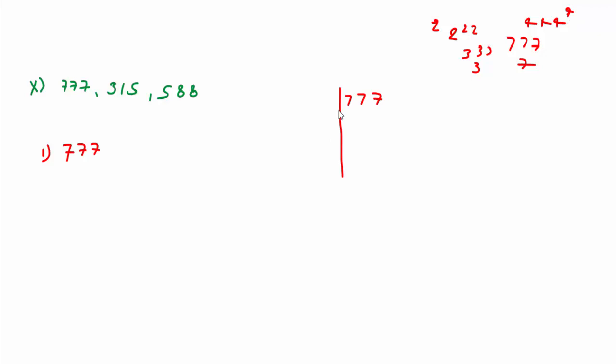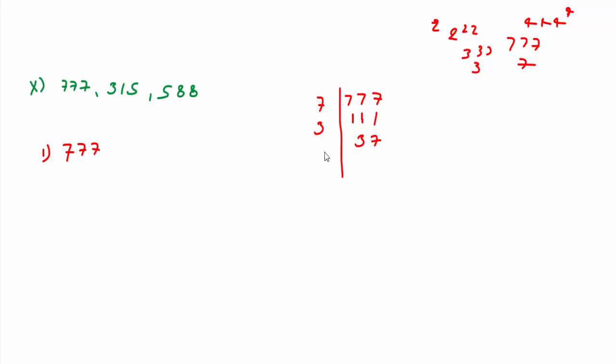So here we have 777. First start dividing by 7. So 7 1s are 7, and we get 111. Now next, try to come to the lowest prime numbers. It is not possible to divide by 2. So start with 3. 3 3s are 9, then 2 is the remainder. So this becomes 21, 3 7s are 21.